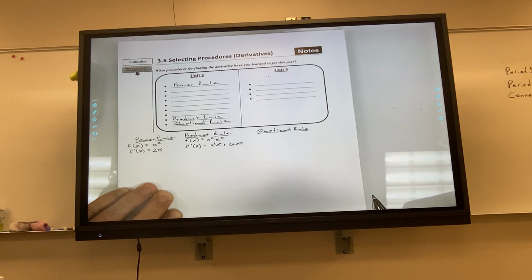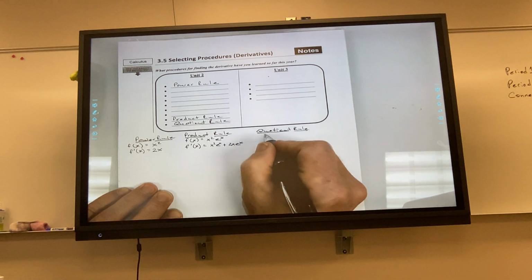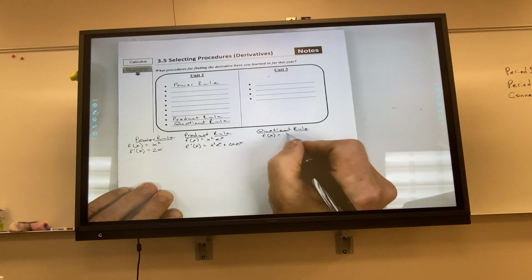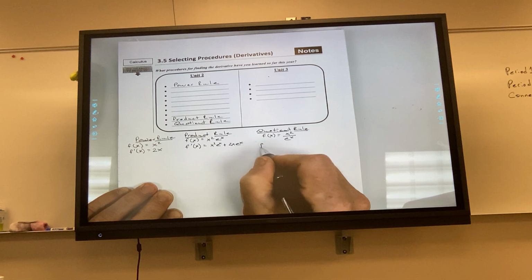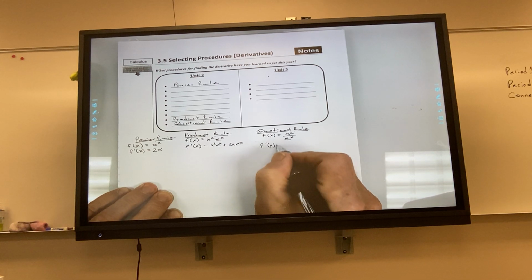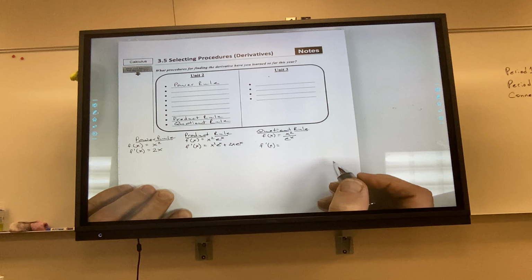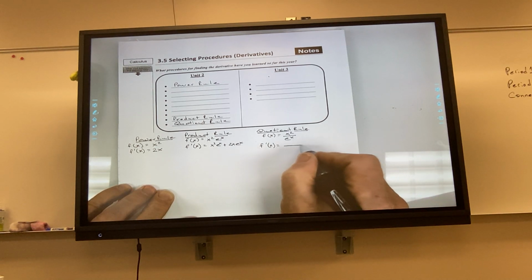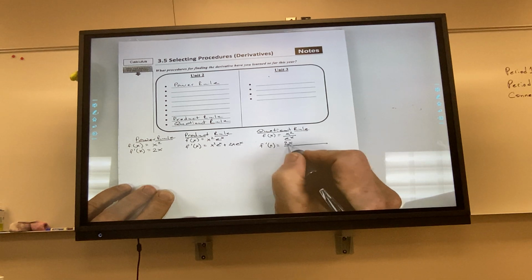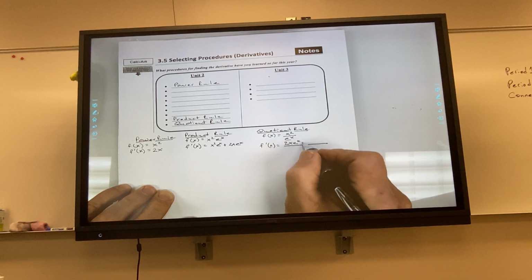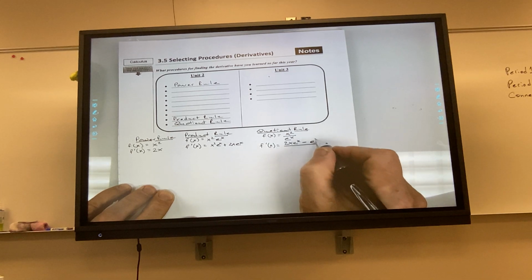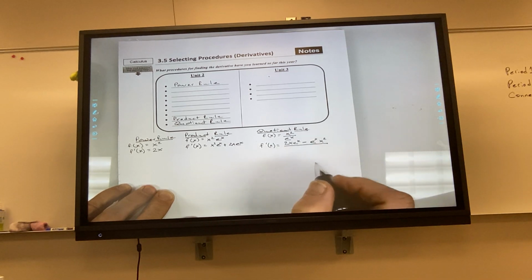And let's have f of x be x squared over e to the x. So its derivative would be what? 2x e to the x minus x squared e to the x, over e to the x squared.